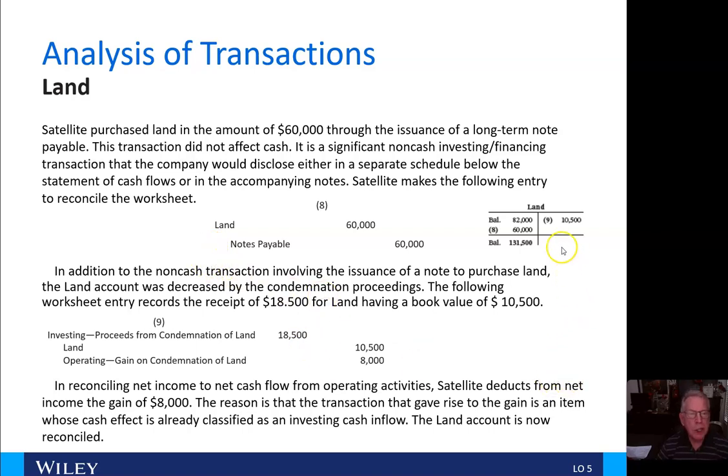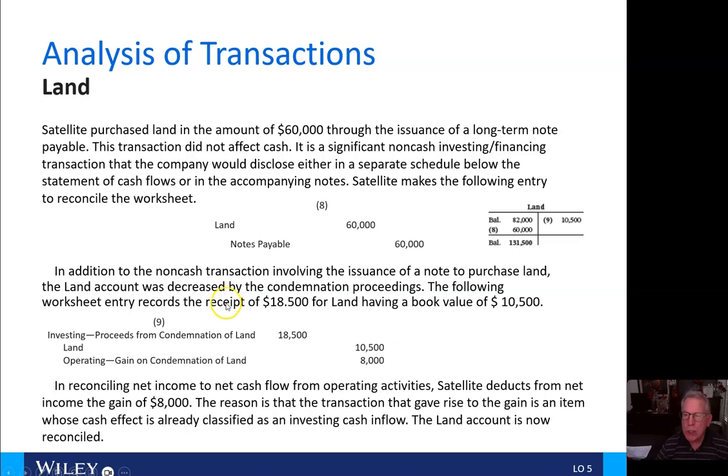Okay, and they show, of course, the T account with the original balance and the two journal entries to land. In addition to the non-cash transaction involving the issuance of a note to purchase land, the land account was decreased by the condemnation proceedings.